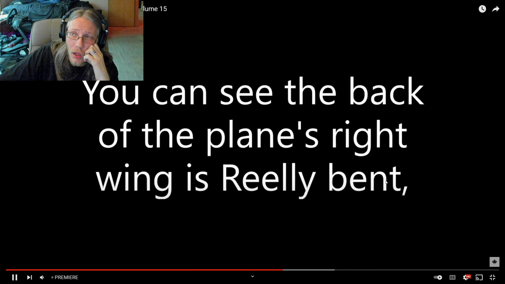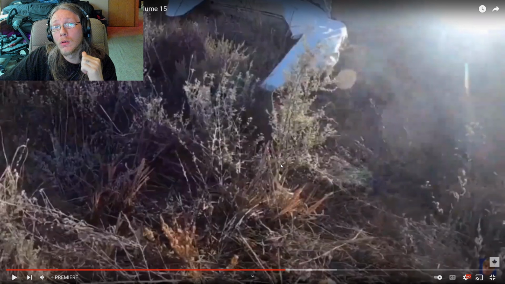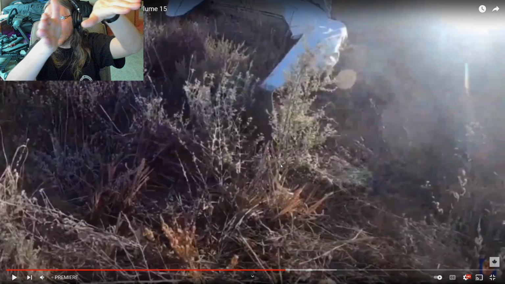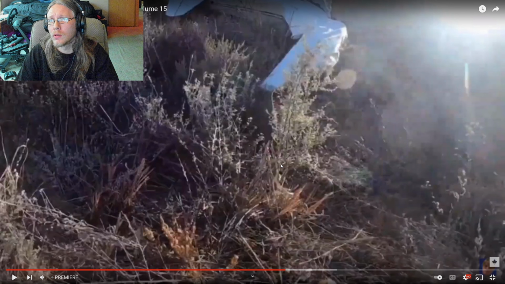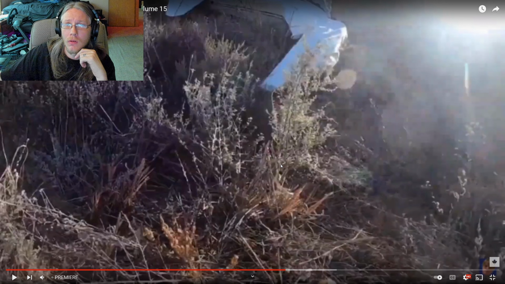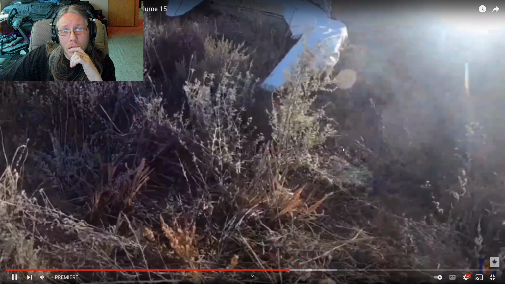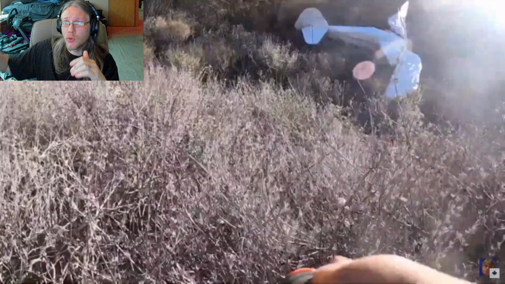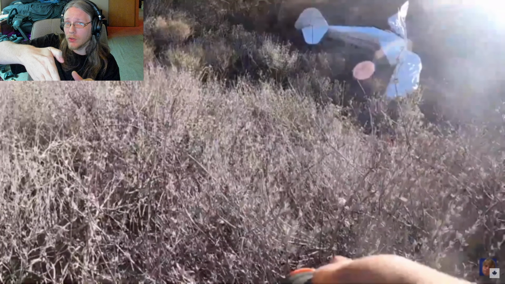And that's because that wing probably hit first as it came in. That's not really too weird. That's not proof it was ever on its back. That's just proof that it came in sideways.